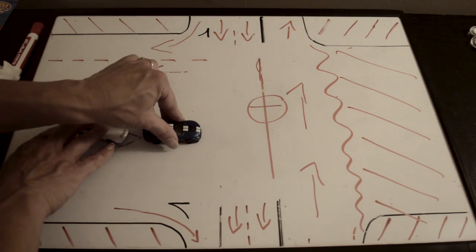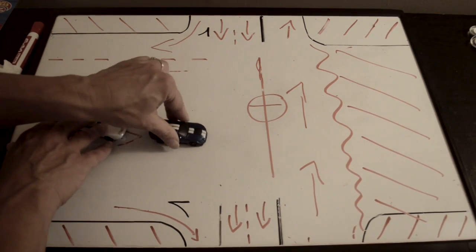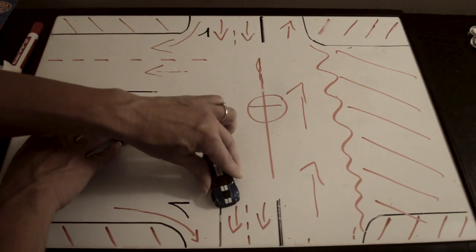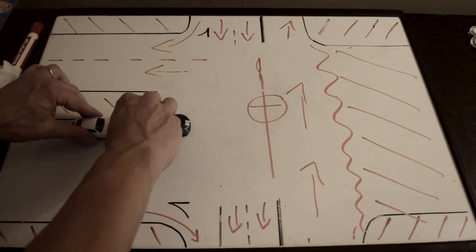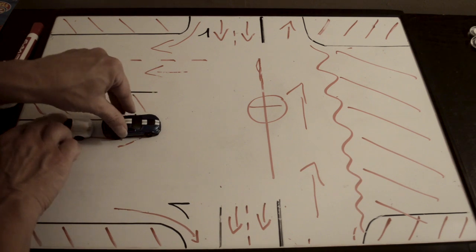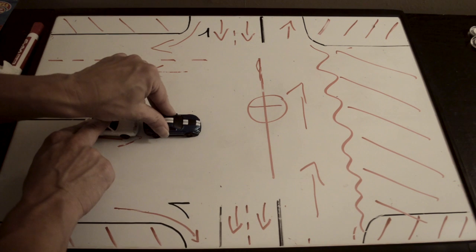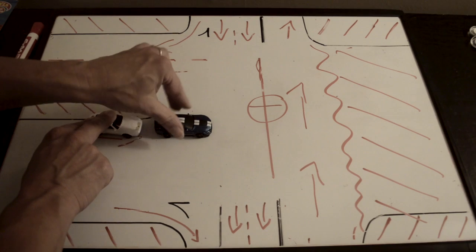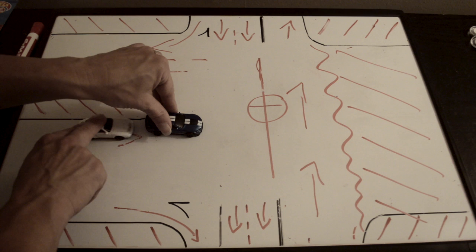So here, if you were to come here and the light is red, you are allowed to make a right-hand turn if there's no traffic coming. So that is allowed. Now, what had happened was I was following behind this car, and we were both waiting here because the light was red, but we were both attempting to make a right-hand turn. Okay.